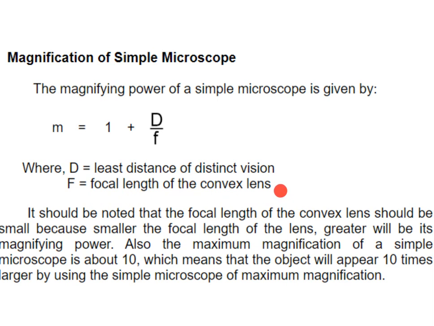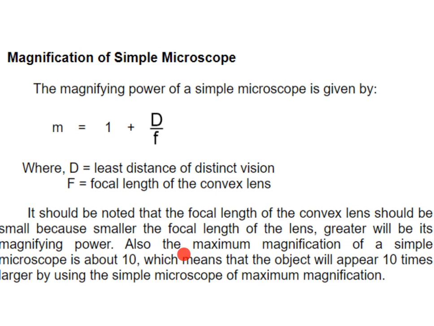It should be noted that the focal length of the convex lens should be small, because the smaller the focal length of the lens, the greater will be its magnifying power.